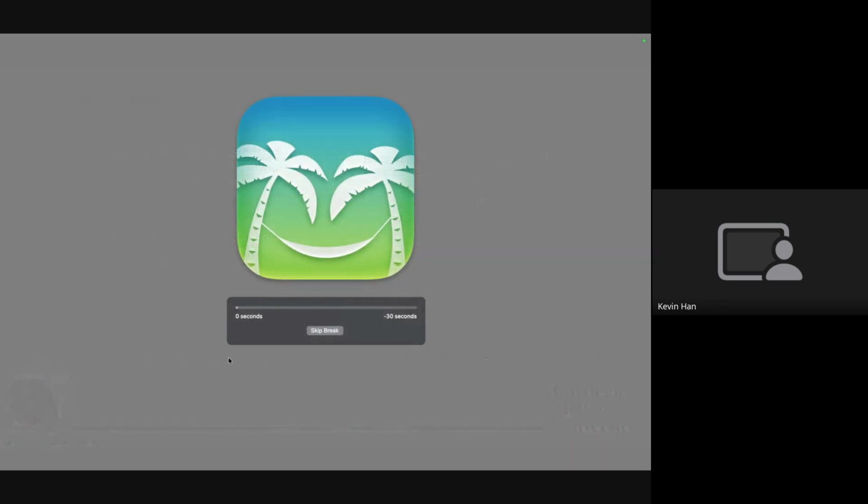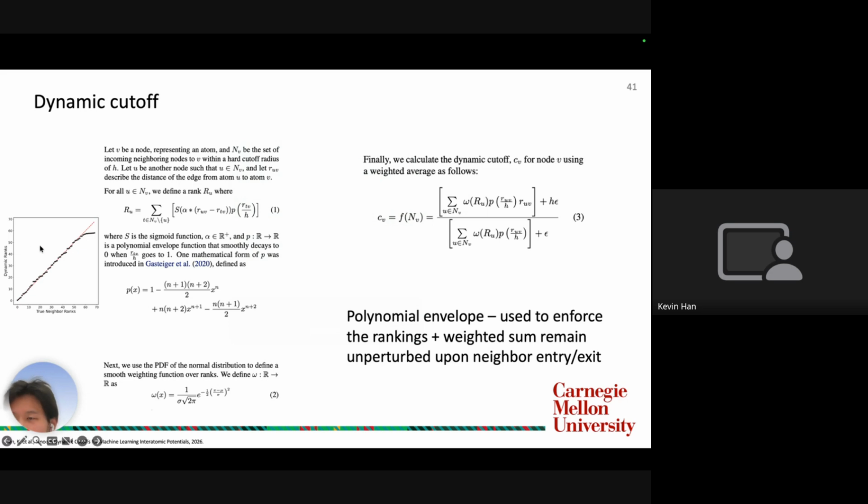And then here on the left, we plotted the dynamic ranks. So this is the ranks according to our method with respect to the true neighbor ranks, and this is just for some given center atom. And we find that it tracks quite well, right? And this is just by property of this sum of sigmoid technique. But as we get closer and closer to the fixed cutoff, we find that the tracking between dynamic ranks and true neighbor ranks falls off.